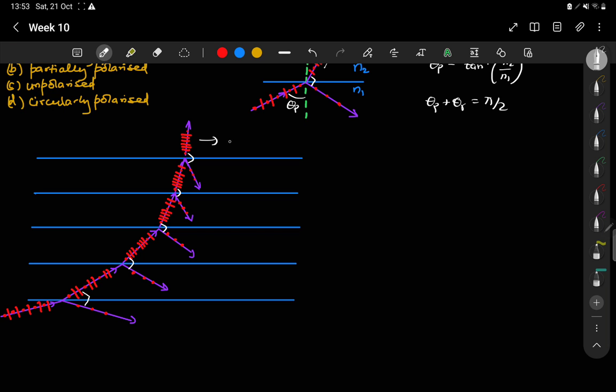So this way we can increase the degree of polarization. And that's how even in the refracted beam we can get a very high degree of polarization, with the polarization being parallel to the plane of incidence.